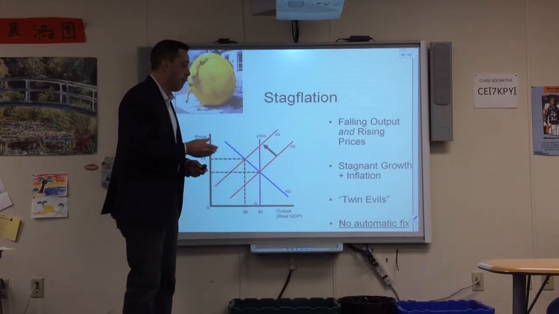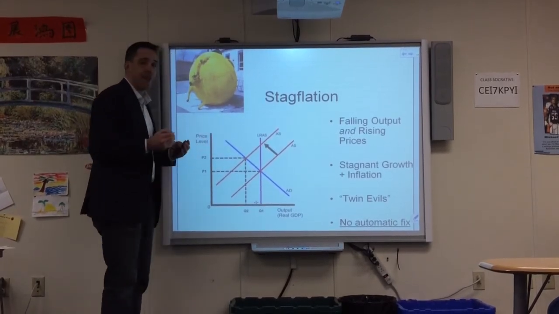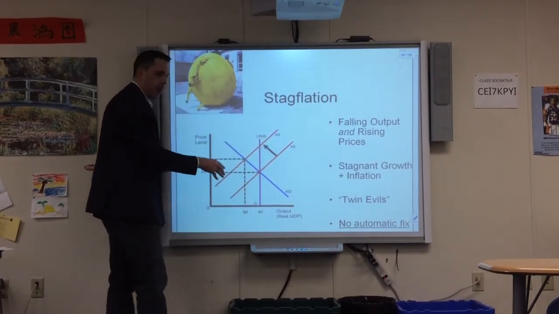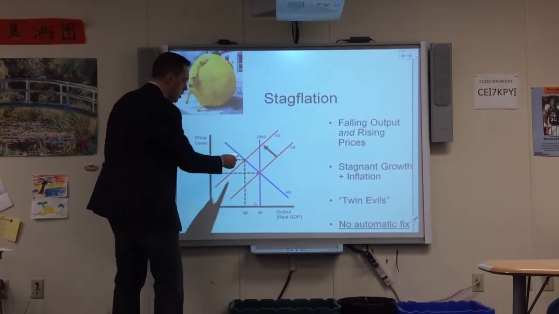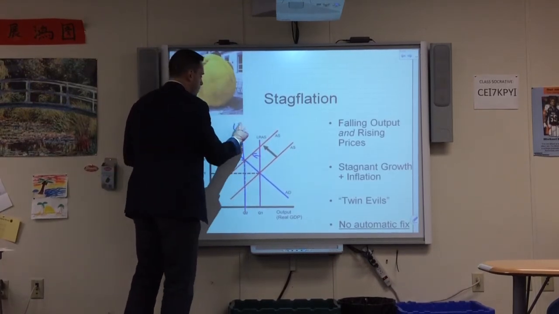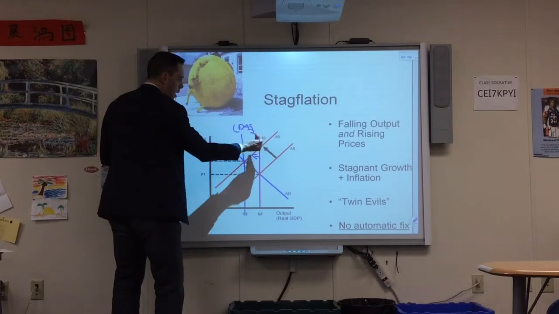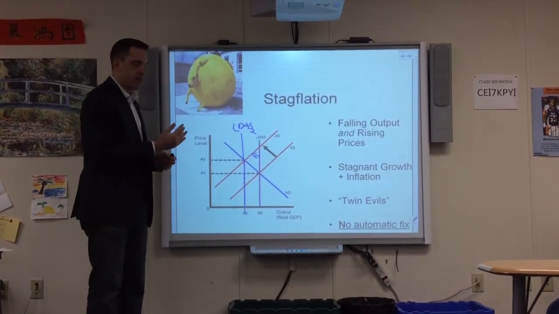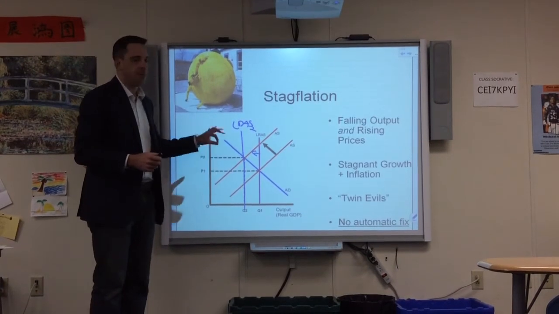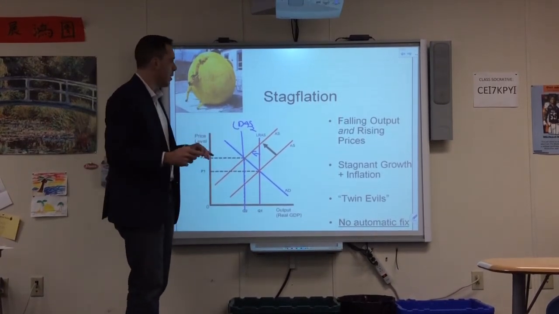So what will happen in the long run in stagflation, if there is no change to aggregate supply, if there's no intervention, is the economy will end up shrinking. In the long run will shift to where the short run is. Really bad for an economy. Stagflation, awful for an economy.